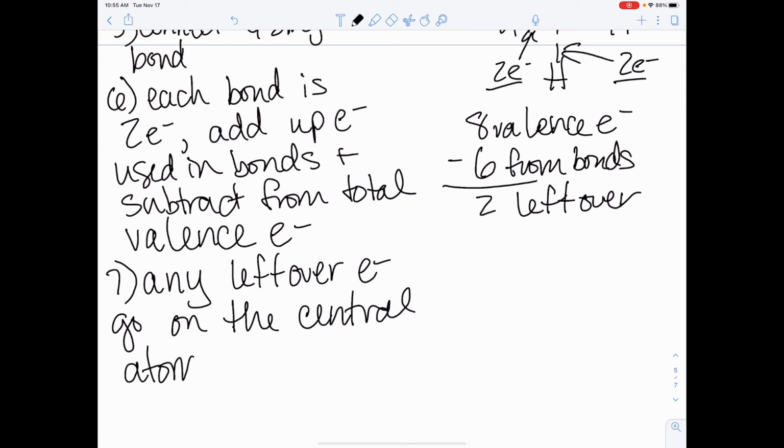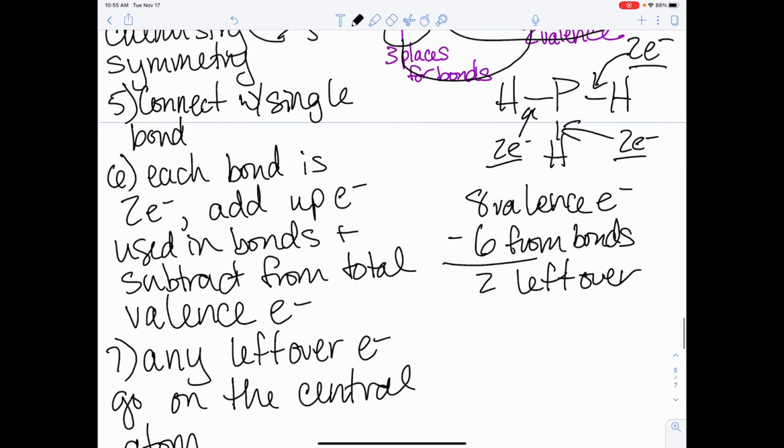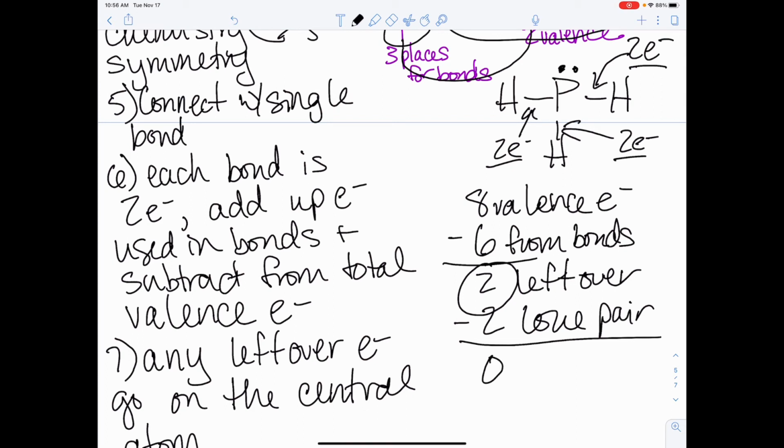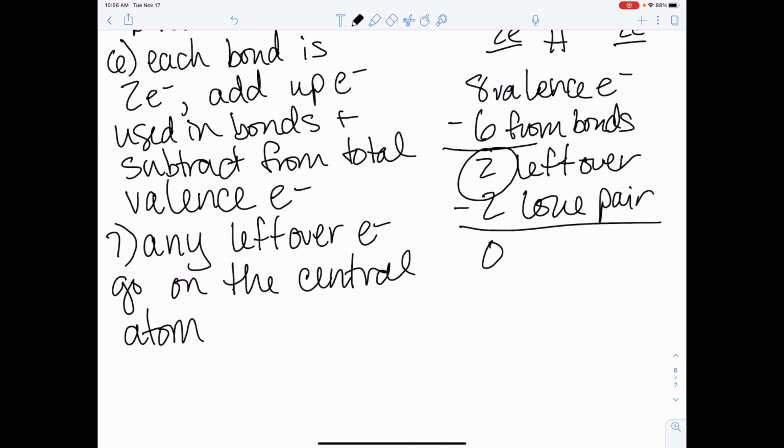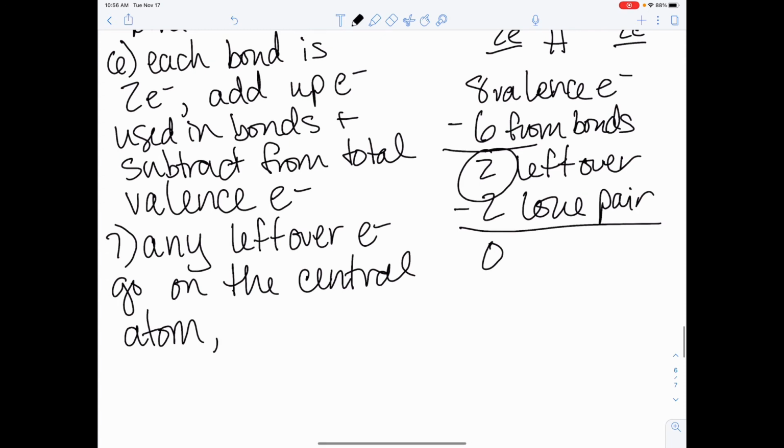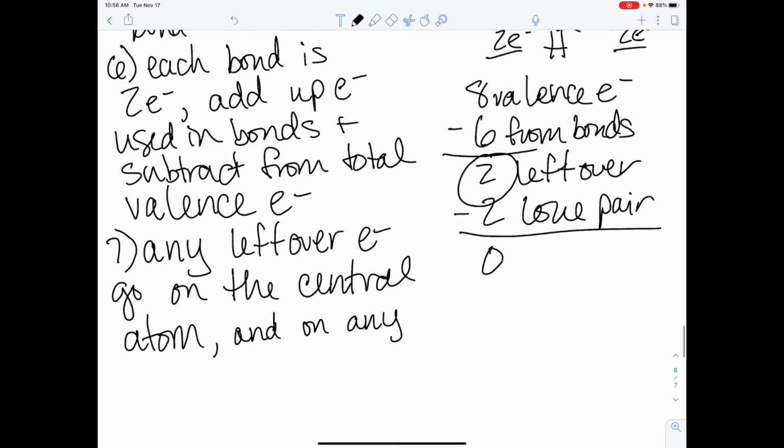So I've got 2 left, and I'm going to put them up here on the phosphorus as a lone pair, and that uses up all of my valence electrons, which is what I want. The leftover electrons go on the central atom, and on any other atoms to complete their octets.